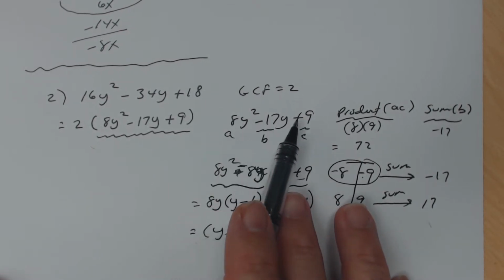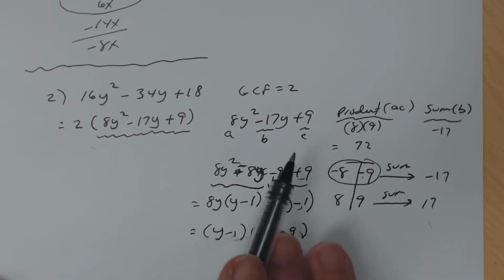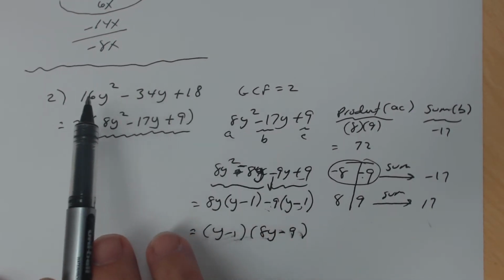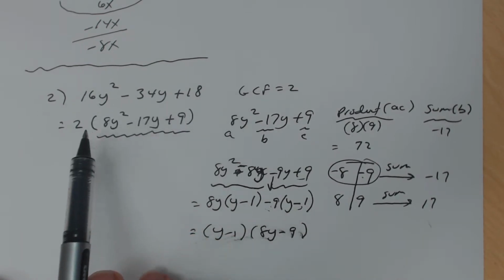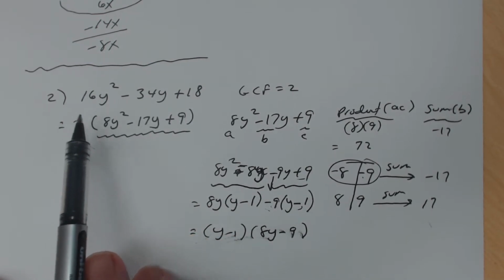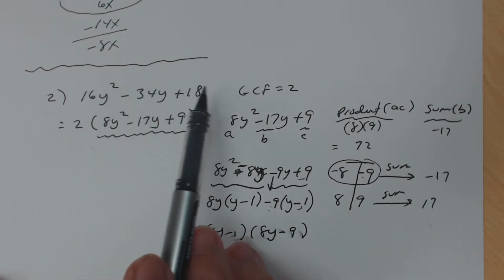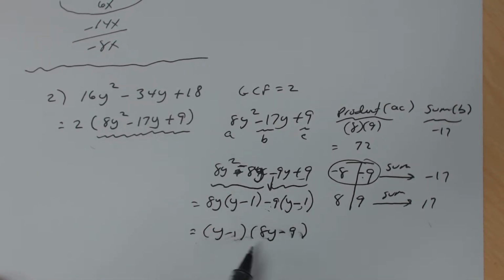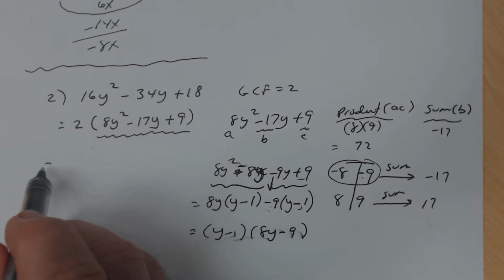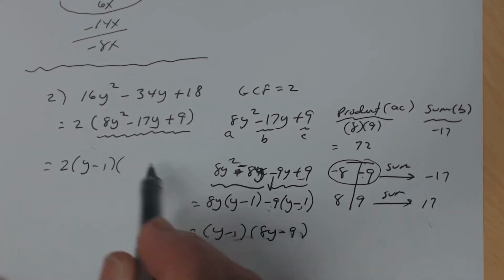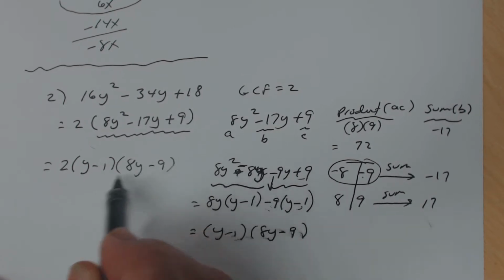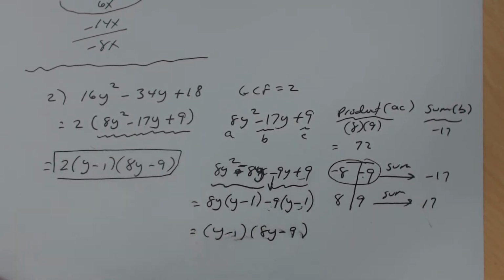So if this was your polynomial, then this would be your answer. Remember, that was not the polynomial. The polynomial was this. All right, so don't forget about the GCF. Your answer is going to be the GCF of the original polynomial times these two binomials. So your answer is going to be 2 times y minus 1 times 8y minus 9. And so that's your answer.